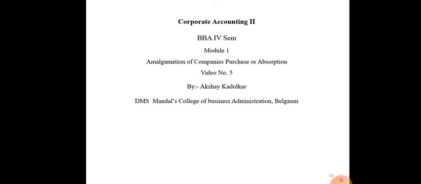Fictitious assets are not considered, for example preliminary expenses, discount on issue of shares, and accumulated losses. Also, capital reserve, share premium, general reserve, debenture redemption reserve, and workmen's compensation reserve are not taken for calculation of the purchase consideration under the net assets method.